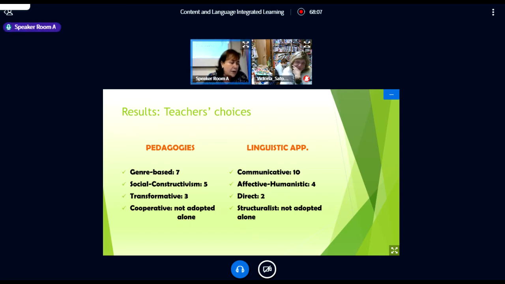Almost the same number of teachers used social constructivism, from which genre is derived, as we saw, and which shares many aspects at the base of CLIL, such as the collaborative text-based approach, scaffolding, and so on. And they may underscore a greater focus on language, which is clearly adopted mainly by foreign language teachers, as in this project.